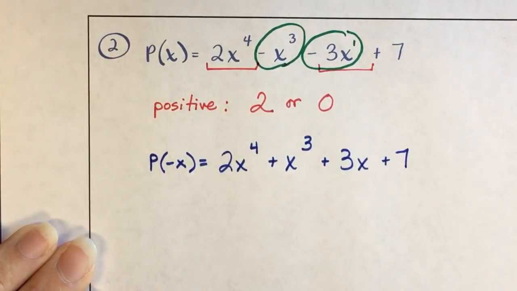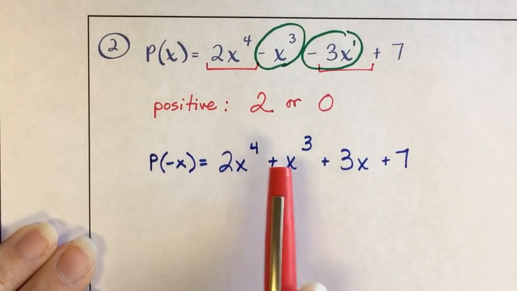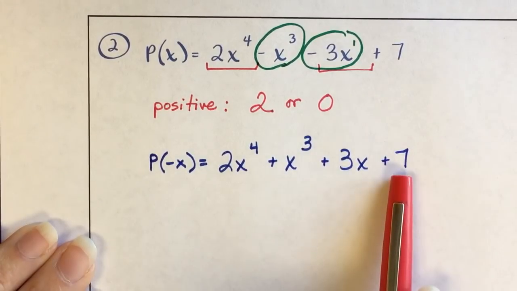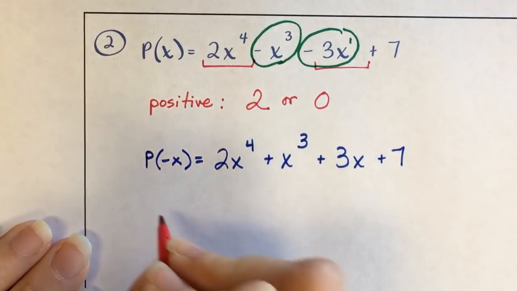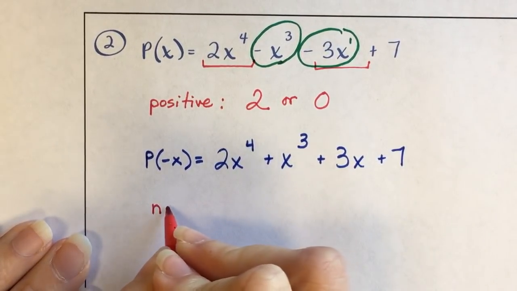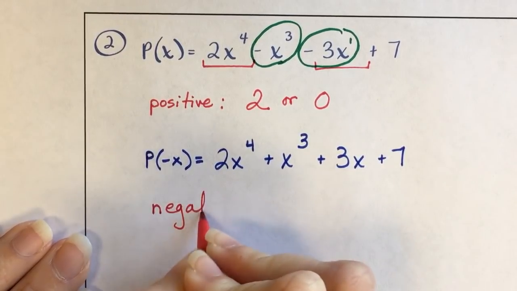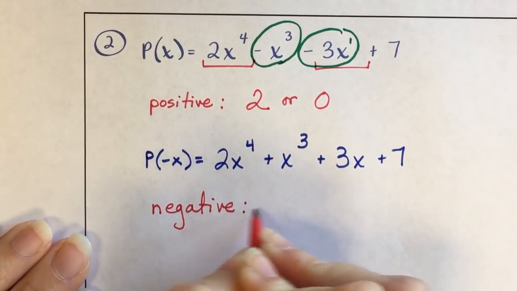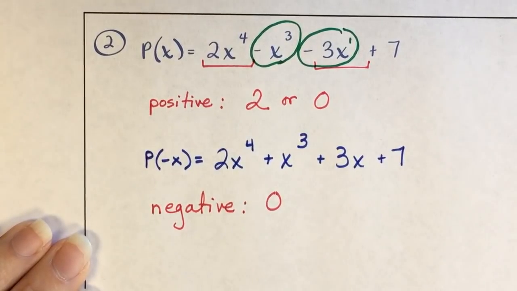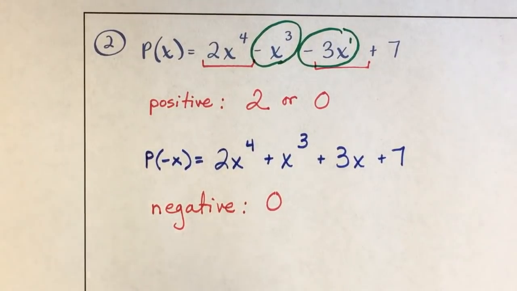So now if you count your sign changes up, positive 2, positive 1, positive 3, positive 7, you actually don't have any sign changes at all on this one. So as far as how many of them might be negative, that would be none, okay? Again, you wouldn't subtract 2, because if you subtract 2, that's going to give you negative 2. Don't list any negatives.